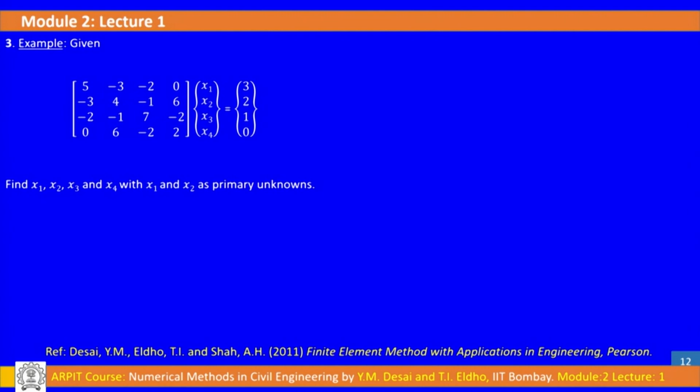In order to use the expressions that we derived, we need to rearrange rows and columns such that the primary unknowns are brought down to vector q2, and the secondary unknowns, in this case x3, x4, we have to push up and bring them to vector q1, and this vector q1 we are going to condense out by using the expressions that we derived just a few minutes ago.